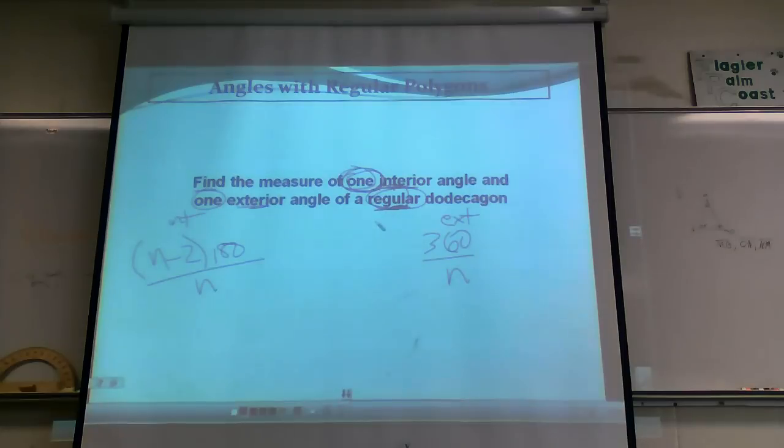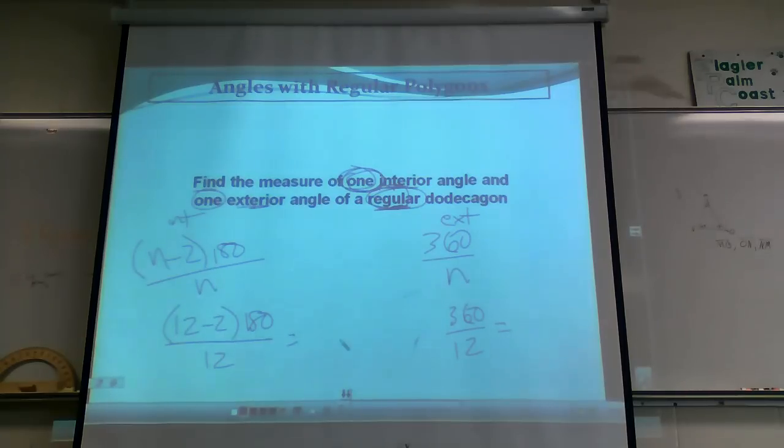So really, the only thing I have to do to complete this problem is find out how many sides the dodecagon has. How many sides does the dodecagon have? 12. So my interior will be whatever that is, and exterior is whatever that is.